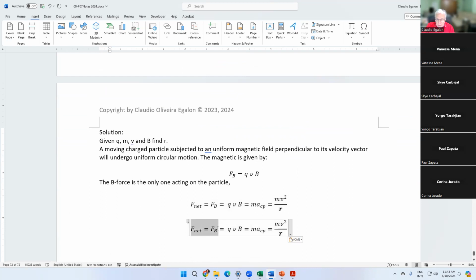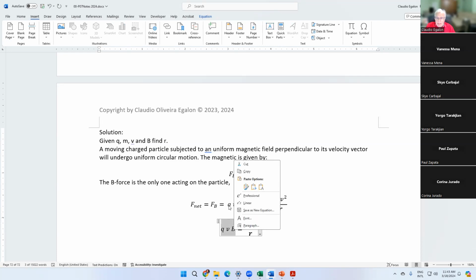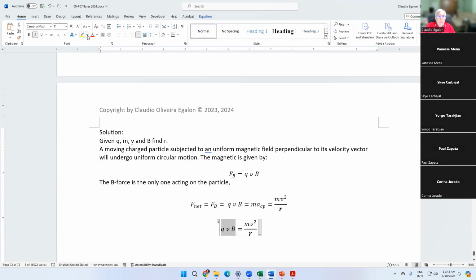Now I can get everything that really matters. I'm going to put everything that we know in red color.